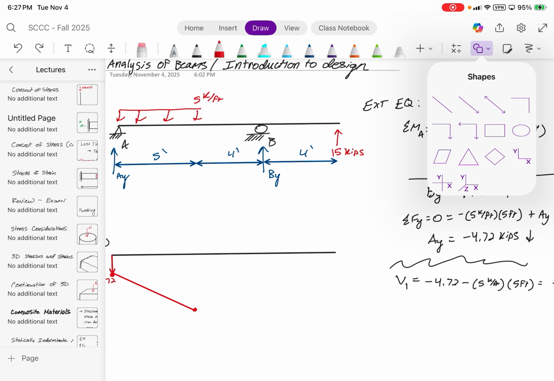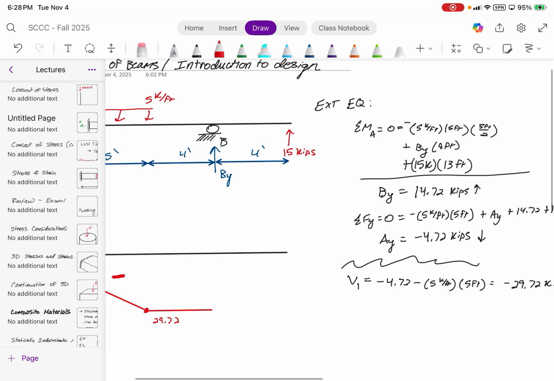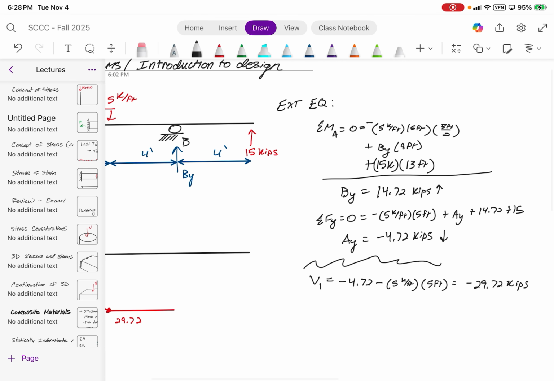So because of that, it's a straight line across. And this value is negative 29.72. I'm actually going to remove that negative sign and just indicate negative here. Next, we take V2, and that's going to be the negative 29.72 kips. And we have to add By, which is 14.72 kips.